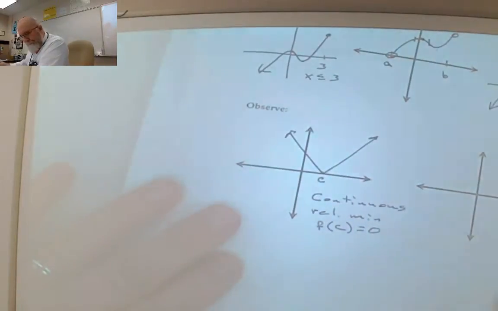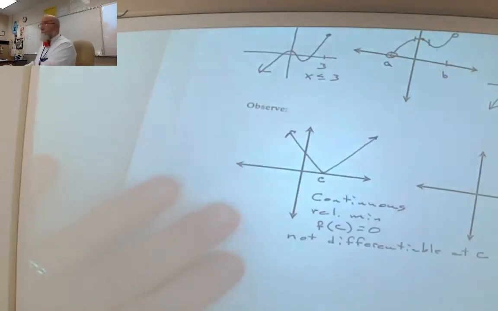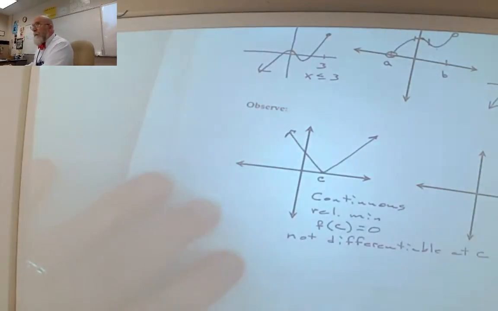However, it is not differentiable at c. Does anybody remember why? Yes, because there's a sharp point.